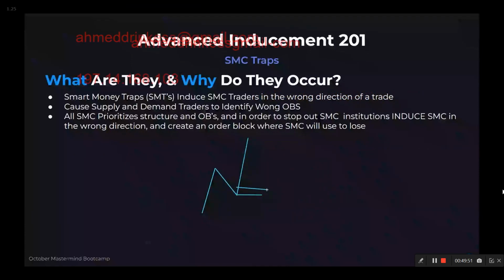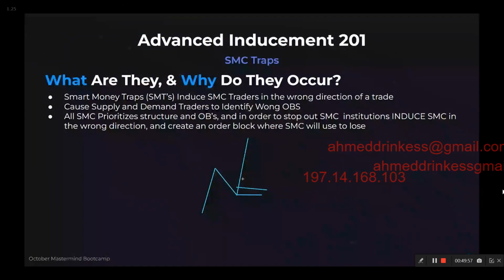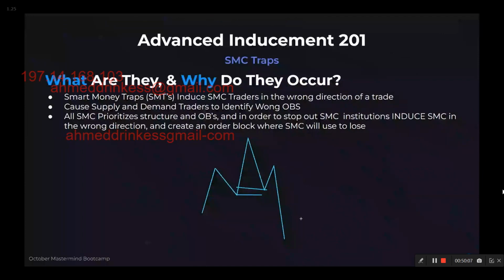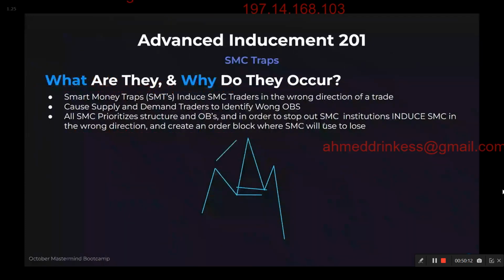They'll look for an order block over here, or a breaker block, Quasimodo, whatever, who cares, right? They're going to look for an order block that is structurally supported. So when price comes down here, they think, oh my gosh, I'm going to make all this money. And then what happens? They end up failing. If this has happened to you, why do you think it happened? Well, it's all based on this guy, inducement.